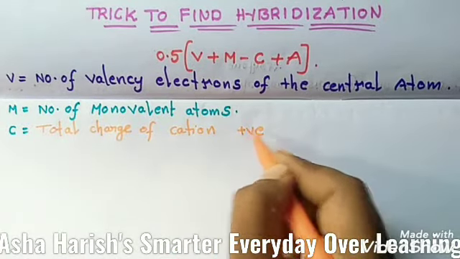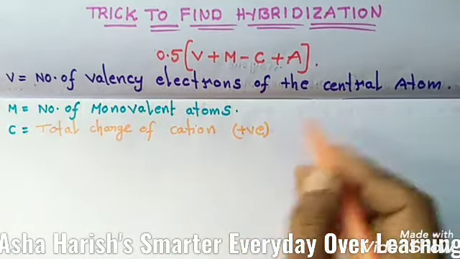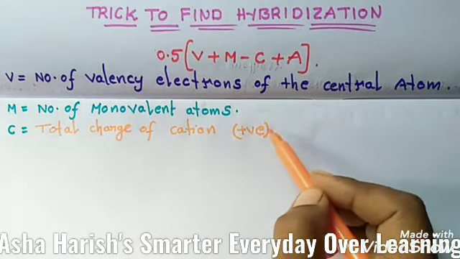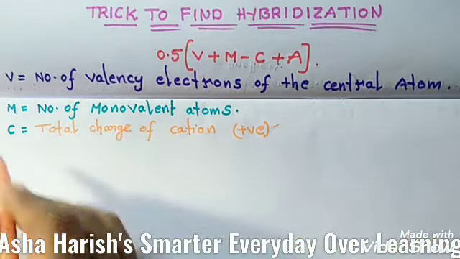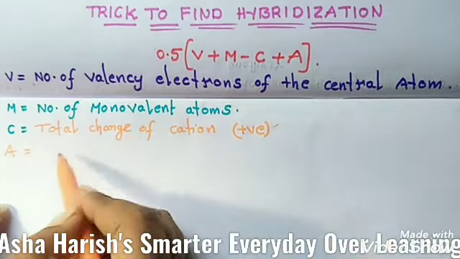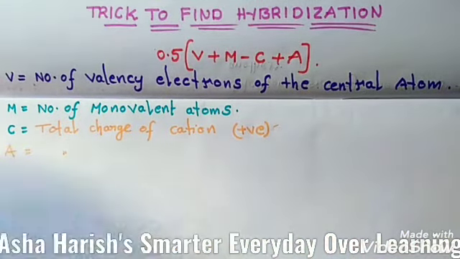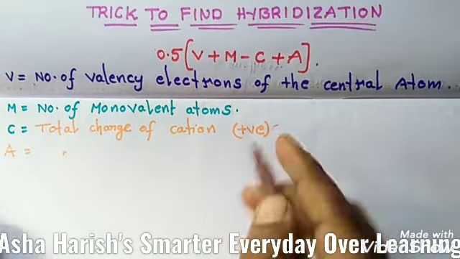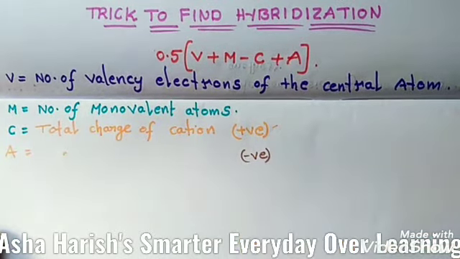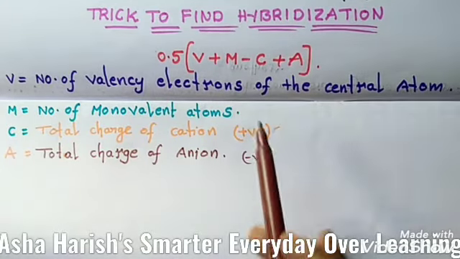If there is a positive charge on the molecule or ion, that is a cation. A indicates the total charge of the anion. An anion, you know very well, is a negative charge. Right, this is the entire formula.